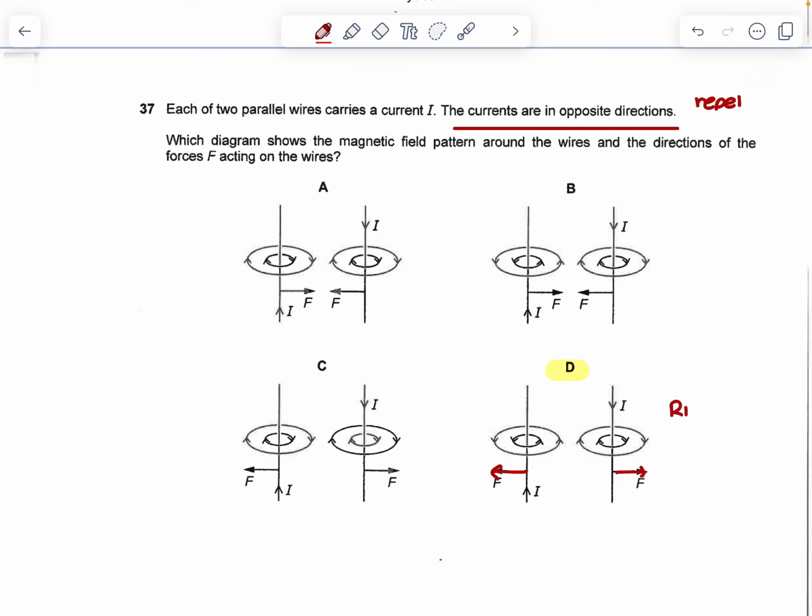We use the right hand grip rule. So in this case, it should be this direction. Current going up, grips. Current going down, this direction, clockwise.